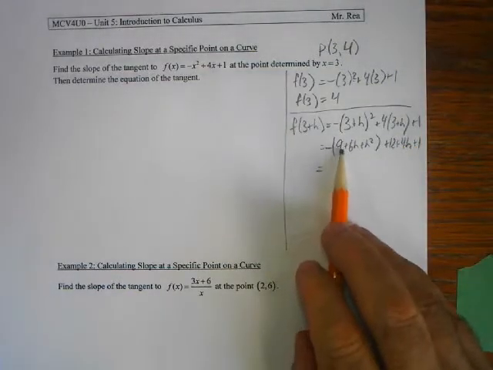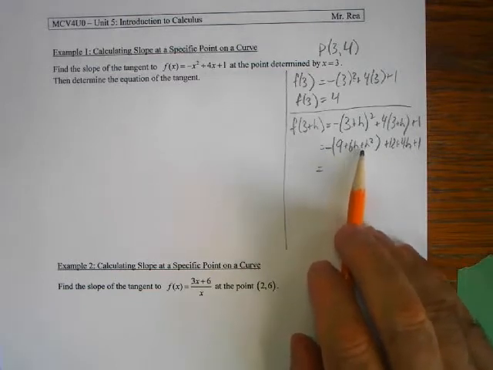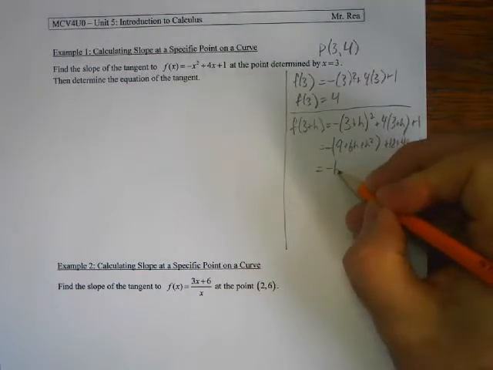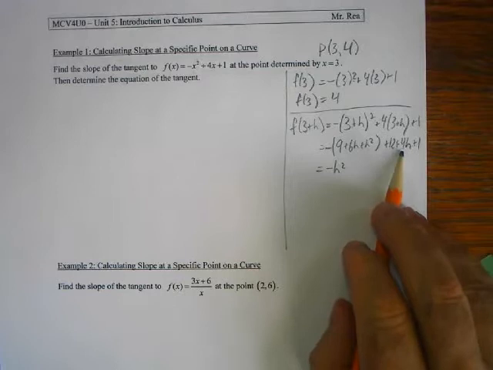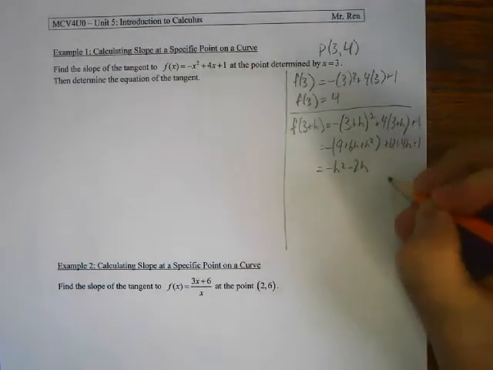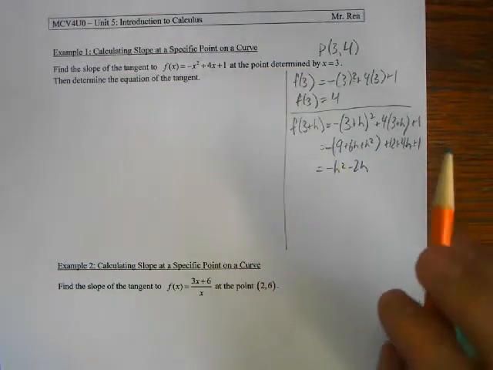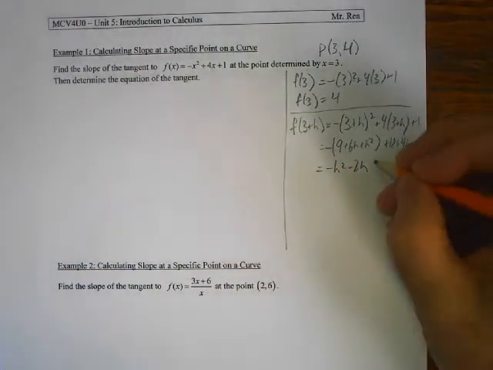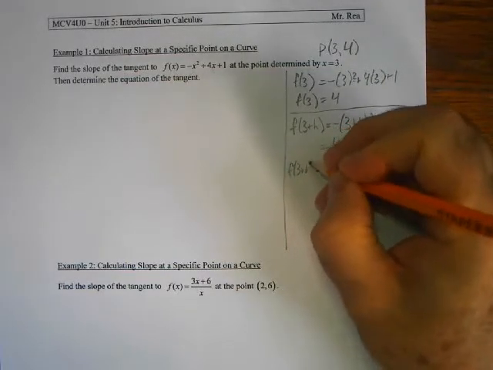Now, each of these terms flips the sign to negative. So if I simplify that, I've got negative h squared, nothing over here. I've got a negative 6h plus a 4h, that's negative 2h. And I've got negative 9 plus 12 plus 1, so that's a plus 4. So this is our f of 3 plus h.